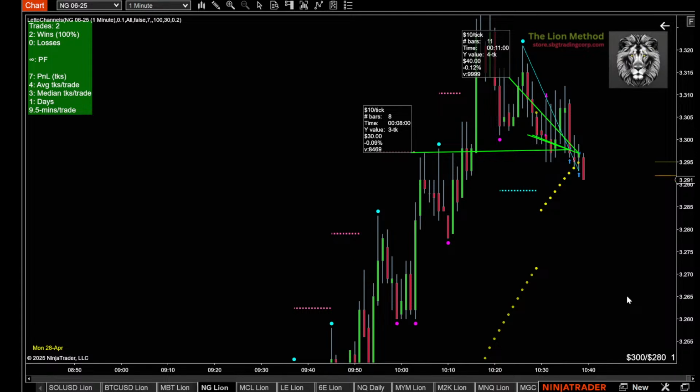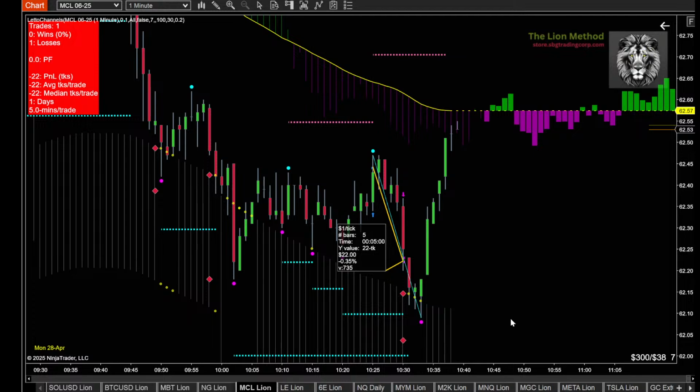Okay, well, there we go. That gas is moving down. All right, well, this is actually a buy signal. But we're straddling the 100. I don't like it.